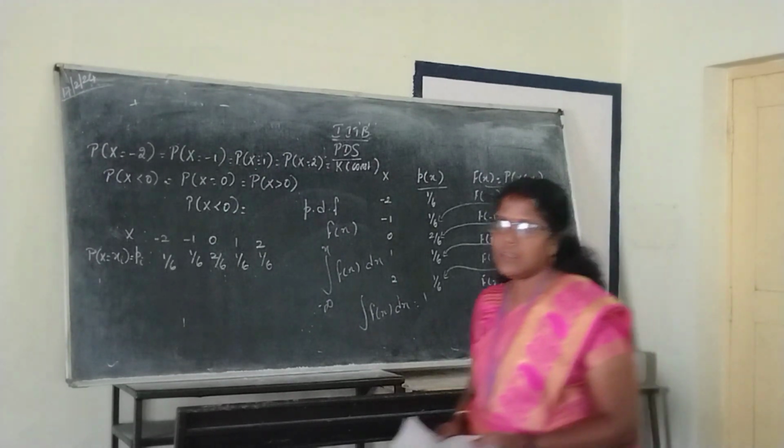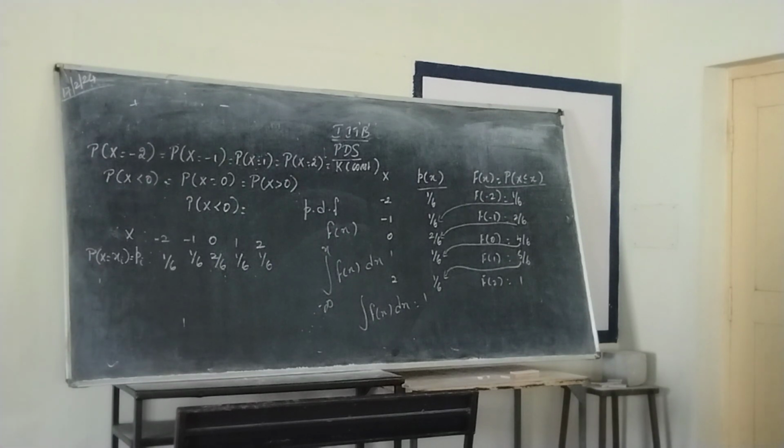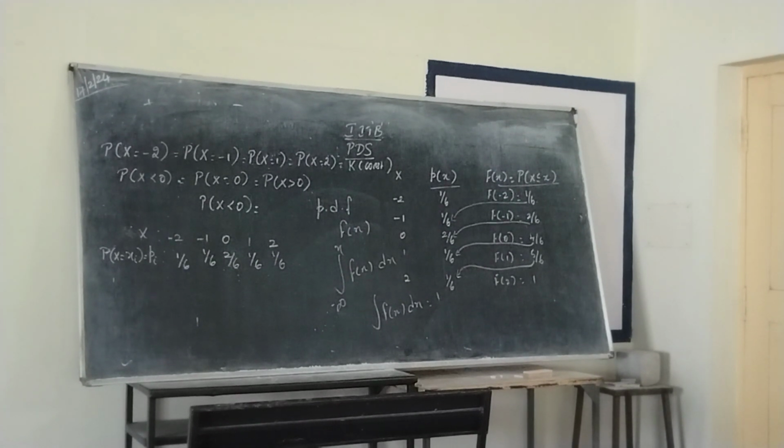Definition: a random variable X which takes all possible values in a given interval is called a continuous random variable.